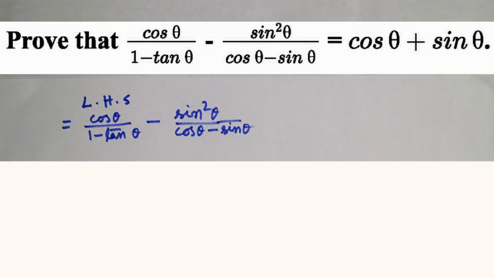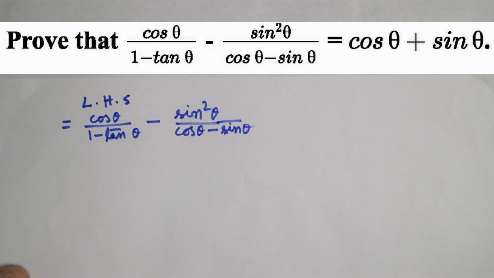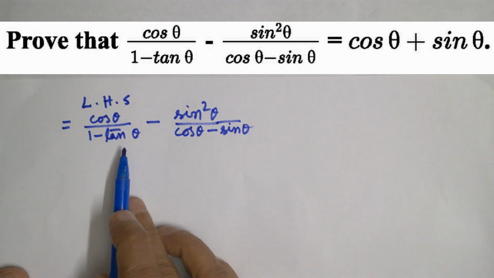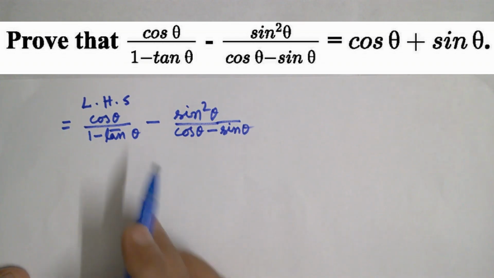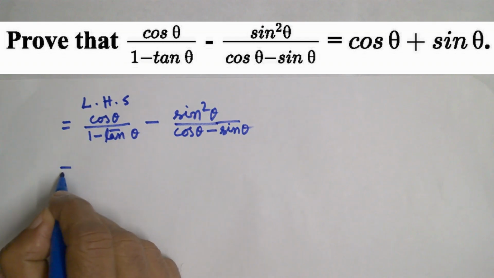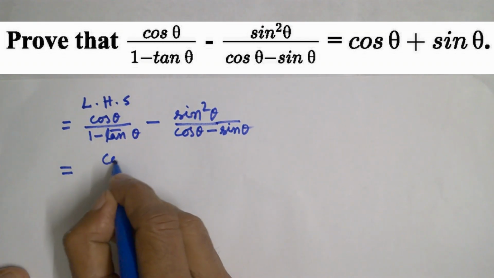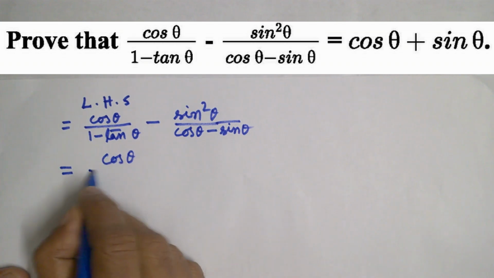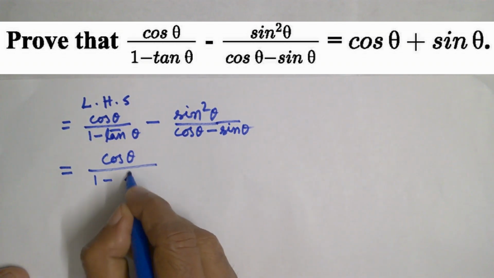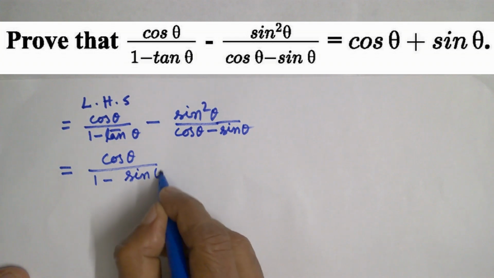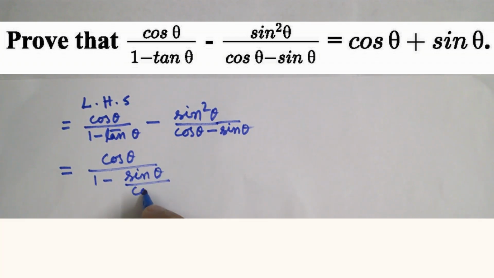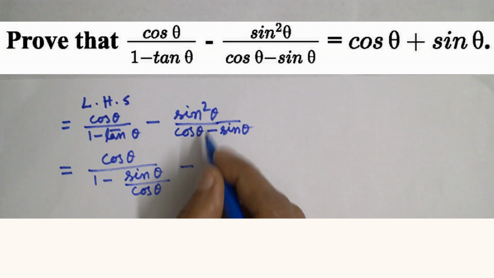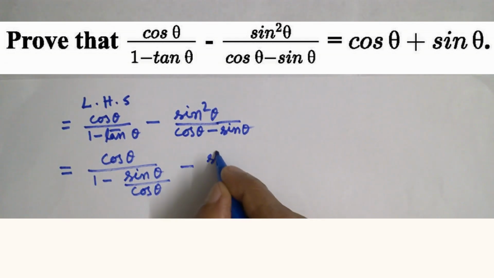See carefully, in right hand side there is no tan theta or other terms except cos theta and sin theta. So we have to convert tan theta here in terms of sin theta and cos theta. Next we'll simplify. So this as it is.